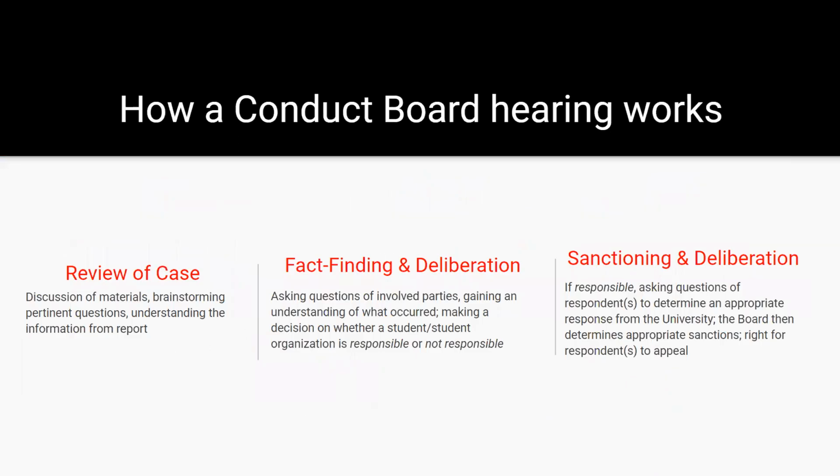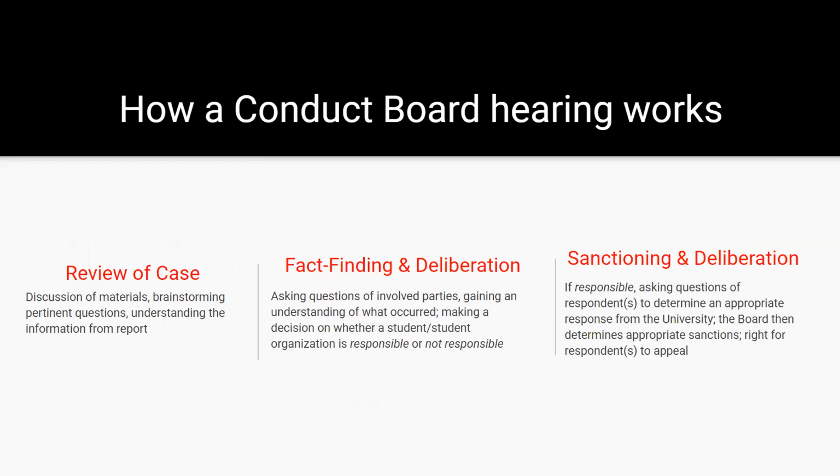During Conduct Board hearings, the board members will have an opportunity to discuss the materials in the case packet, understand the information from the incident report, and brainstorm relevant questions for the involved parties. The board members will then have an opportunity to ask questions of the involved parties to gain understanding of what occurred.